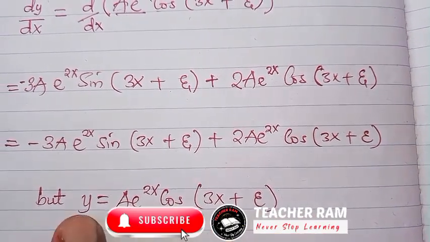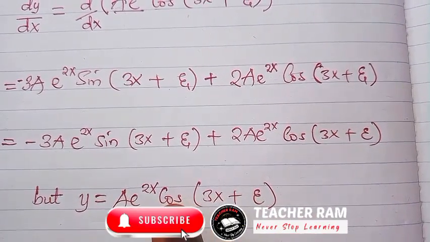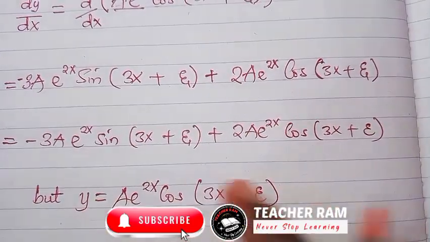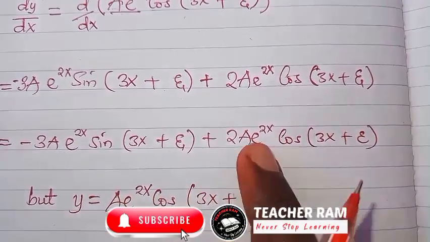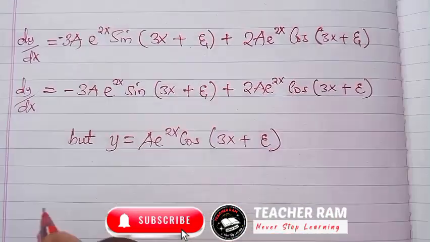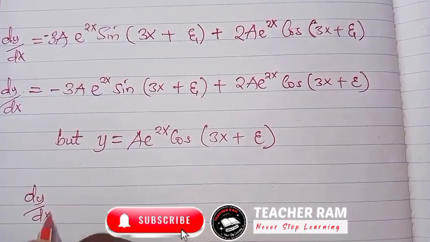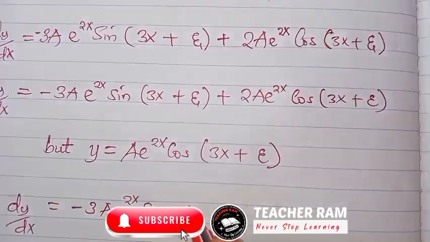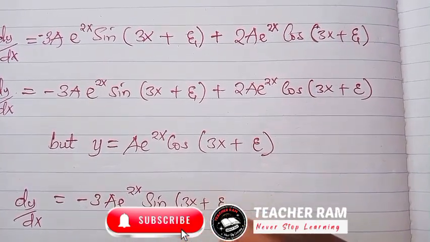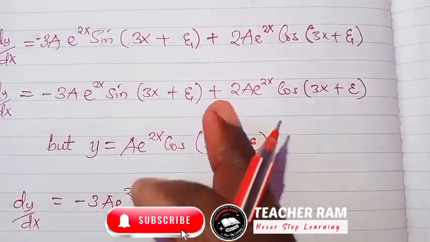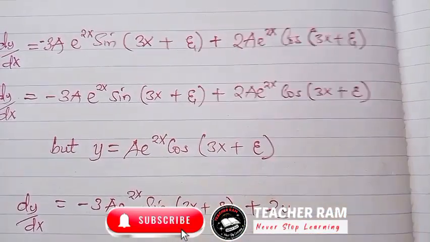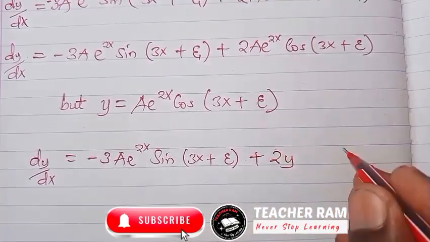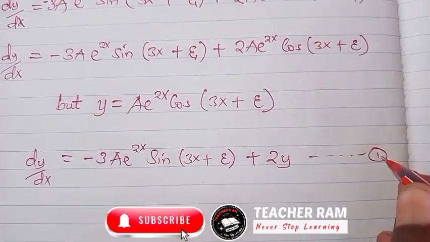So we are going to substitute y in the position of a e^(2x) cos(3x + ε). The equation becomes dy/dx equals negative 3a e^(2x) sin(3x + ε), plus 2y, remembering that this term is the same as y. This is the first derivative, let us call it equation 1.